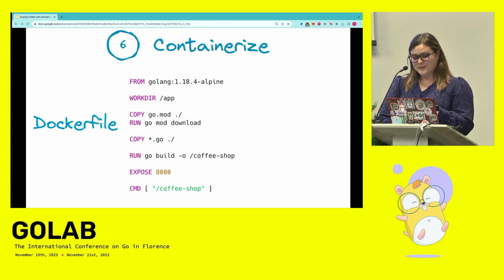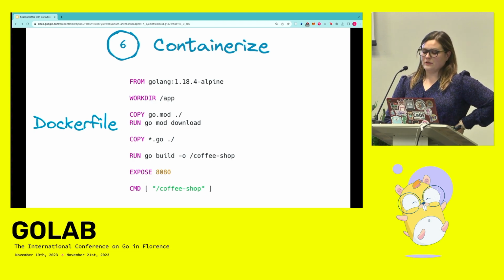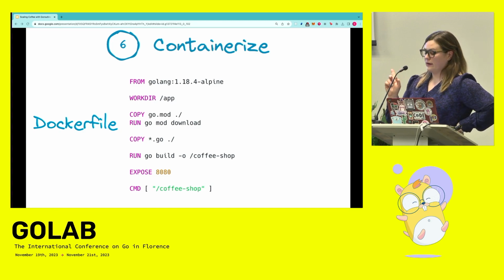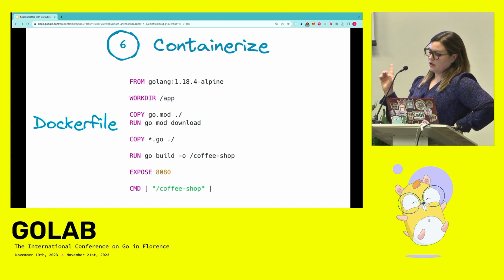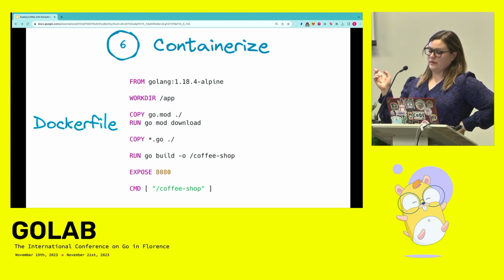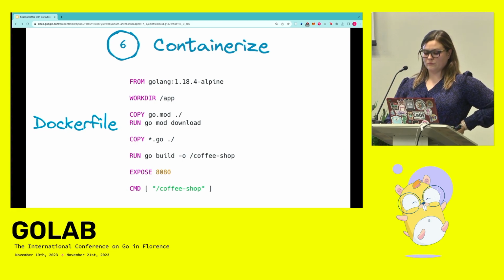Run go mod download sets up our modules, although we're not really using those in this example. It's an empty file. Then we copy our source code into the image with the copy command and compile it using the run command. We add the command so Docker knows what command to use when the image is used to start a container.